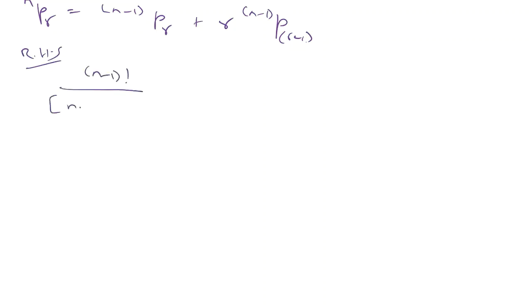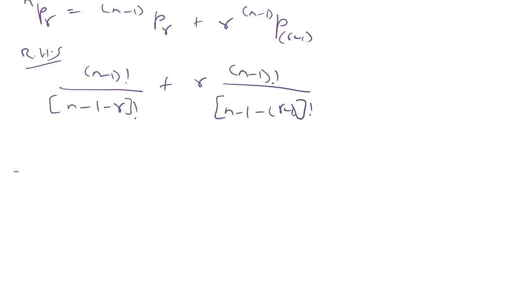Now we have to prove nPr is equal to n minus 1 P r plus r times n minus 1 P r minus 1. So let me expand this RHS. n minus 1 P r is nothing but (n minus 1) factorial upon (n minus 1 minus r) factorial, plus r times (n minus 1) factorial upon (n minus 1 minus (r minus 1)) factorial.